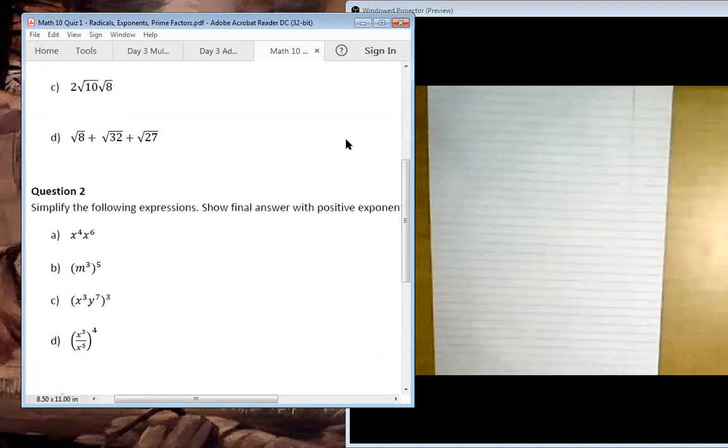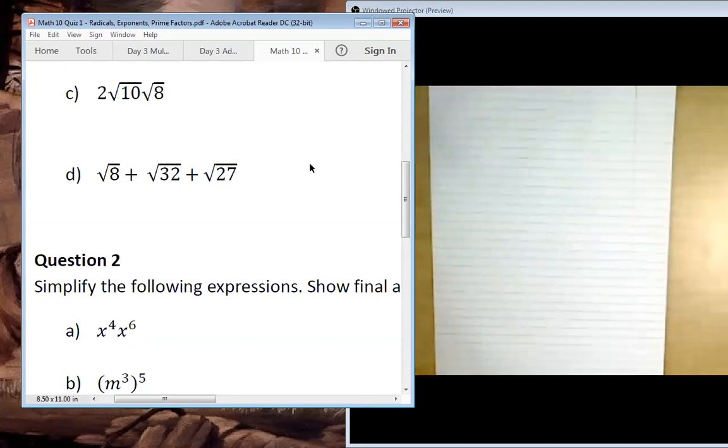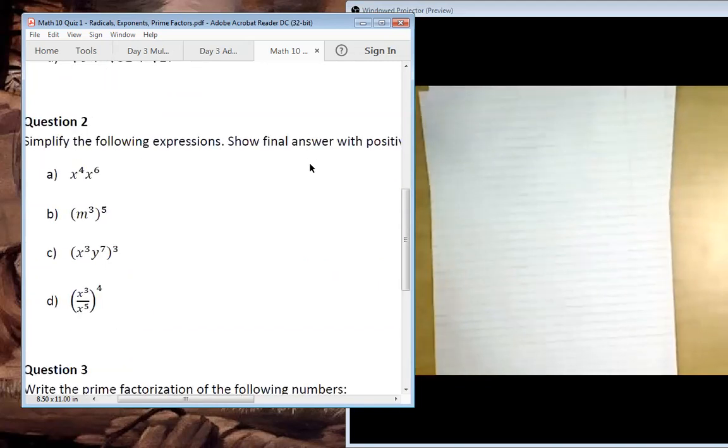Okay, beautiful. These ones here. When you have terms being multiplied like that, what happens to the exponents? Right.